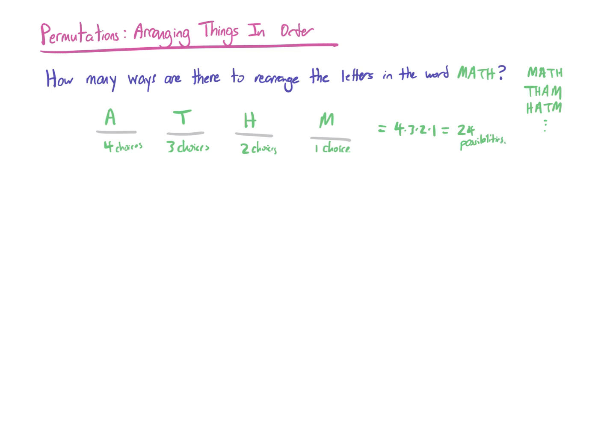So let's think about this with a little bit more vocabulary. We often call a rearrangement a permutation.